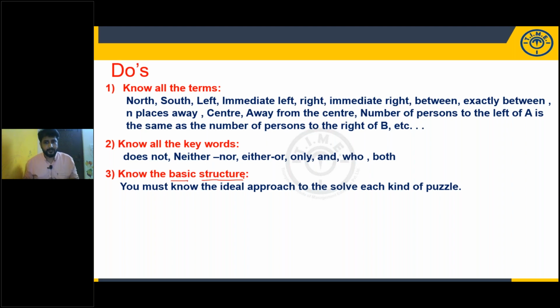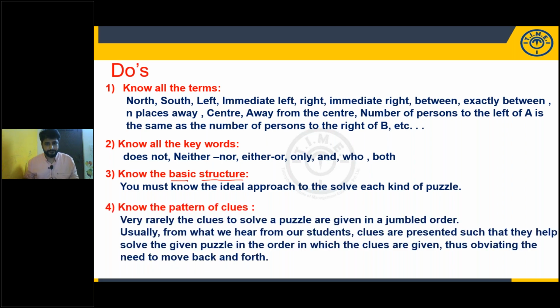This is a very crucial, very important finding by our research team. They found that clues are given in order. Very rarely are clues to solve a puzzle given in a jumbled order. Otherwise, in 99% of cases, clues will be given in order.